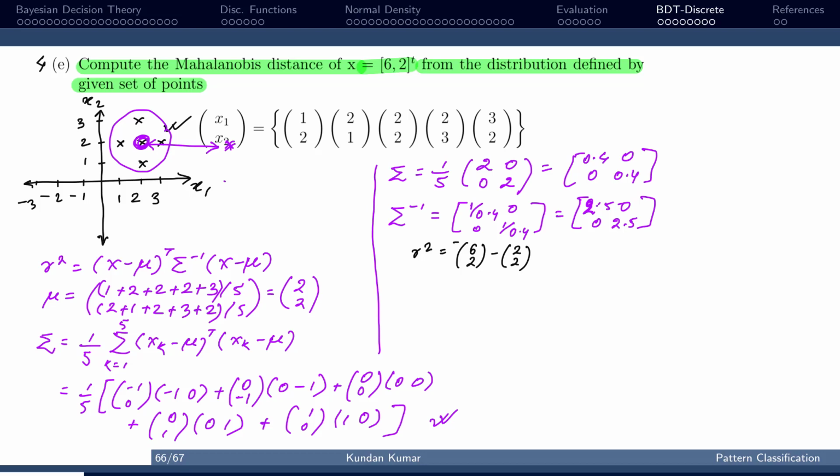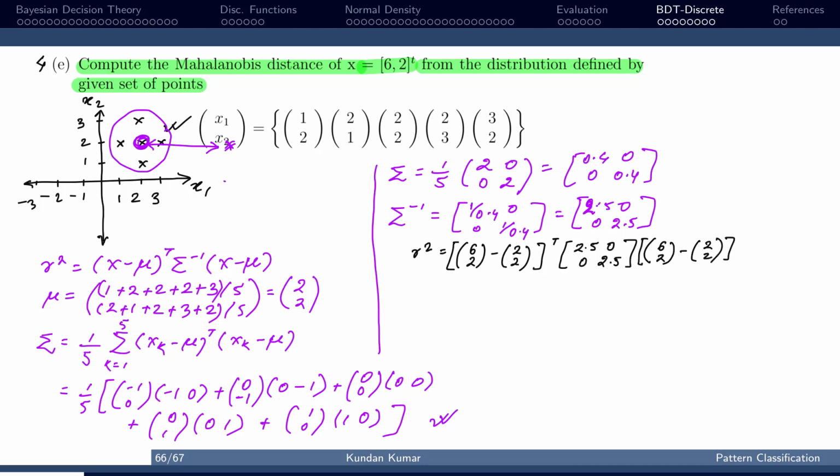This is the mean, and we have to compute the transpose of that, and then sigma inverse, which is [[2.5, 0], [0, 2.5]], and then (6, 2) minus (2, 2).